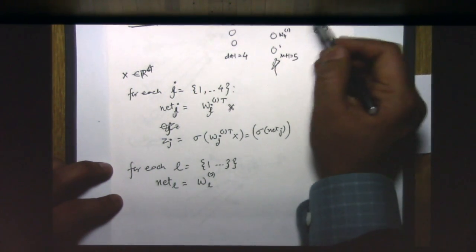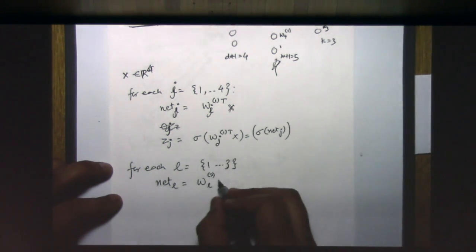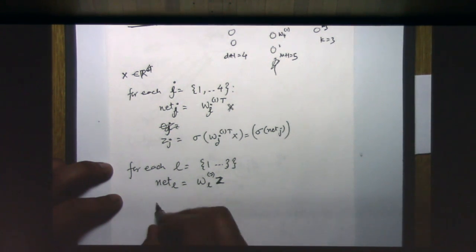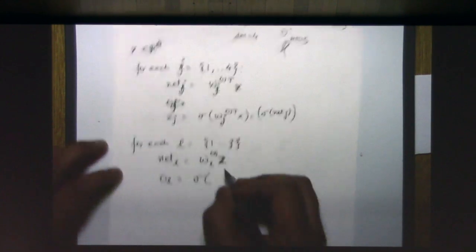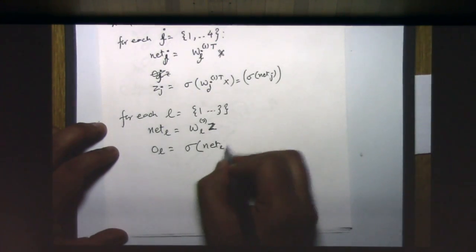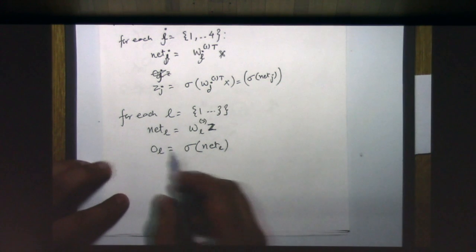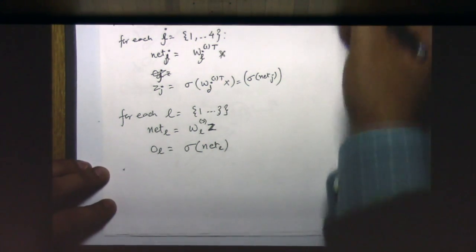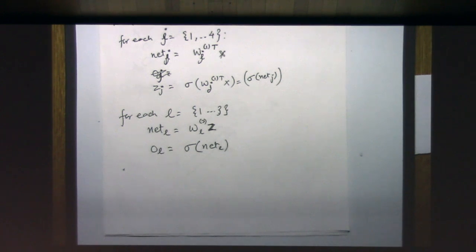So there's an input coming from each one of them, and we are calling them Zj. So let's call this Z vector. This is input from each one of them. So you compute this, and then you compute O of L is sigmoid of this net of L. All right? And then that's it. At the end, you will have these outputs, and then you can say which one is the highest to say which class this is. So this is the feed-forward phase.